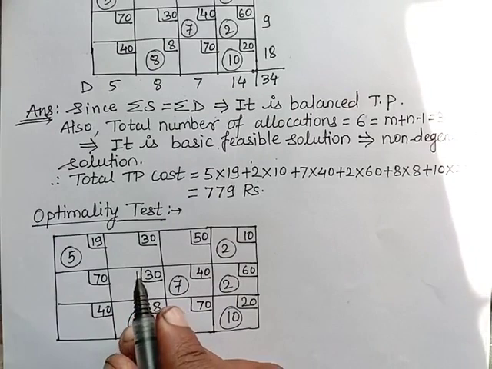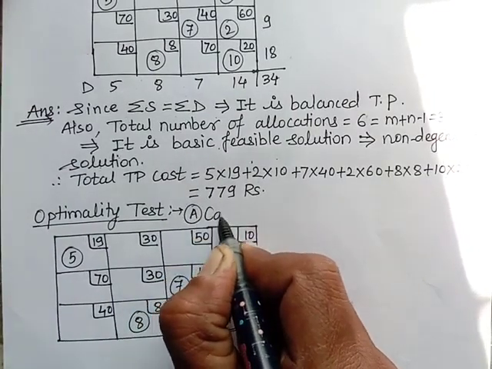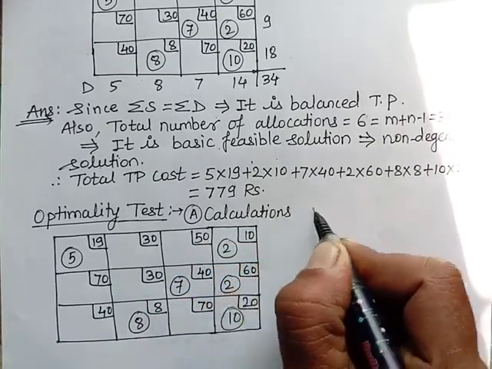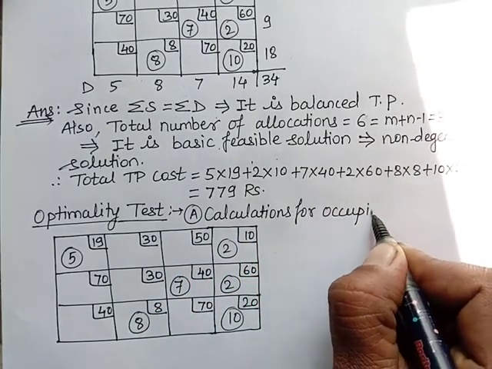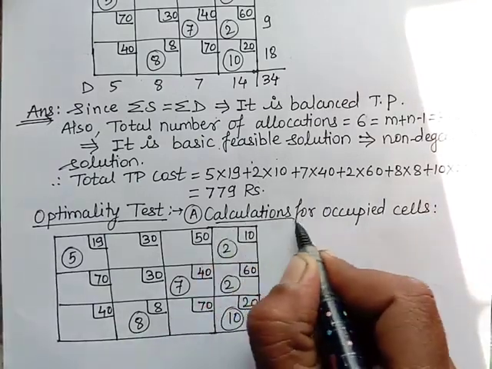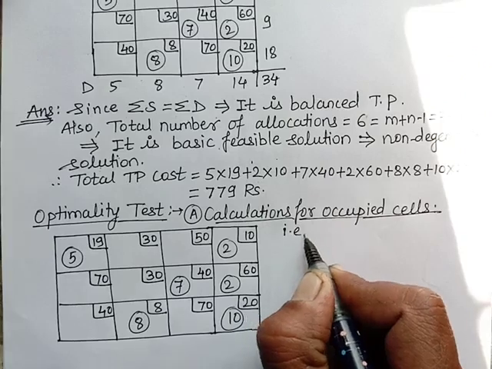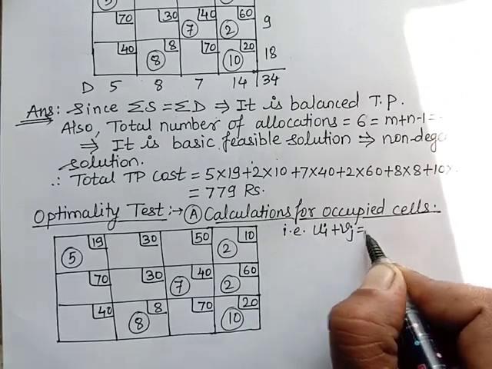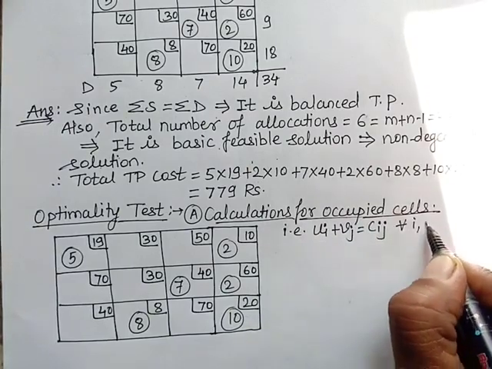So here we are doing first calculations for occupied cells, that is ui plus vj is equal to Cij for all occupied ij.